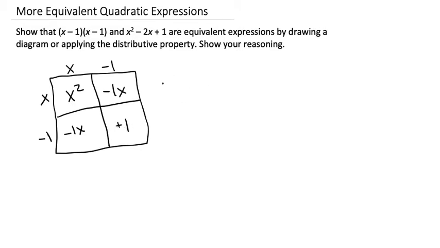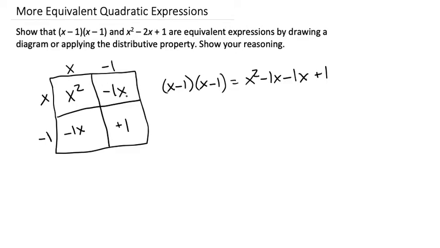So the total area, when we multiply x minus 1 times x minus 1, is x squared minus 1x minus 1x plus 1. Again, you have to realize here that we can't really have a negative area of a rectangle. The model here is just helping us to multiply the sides together.